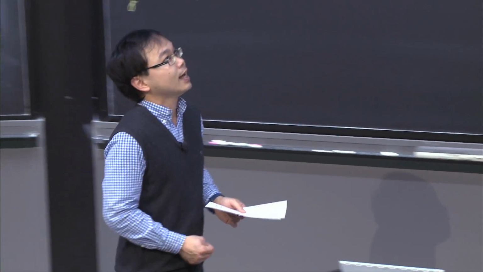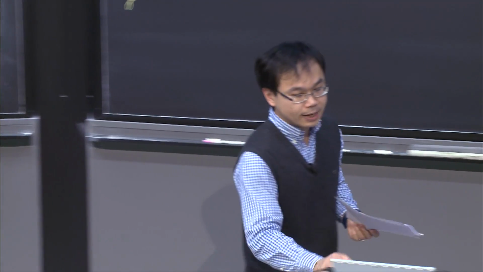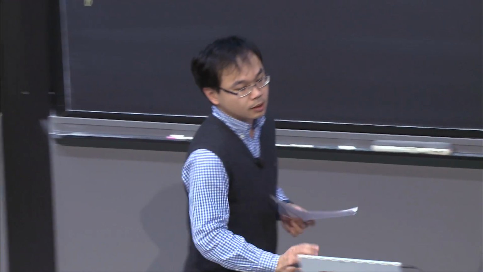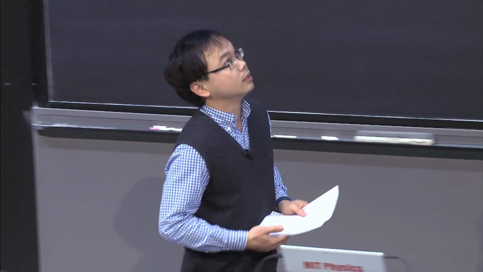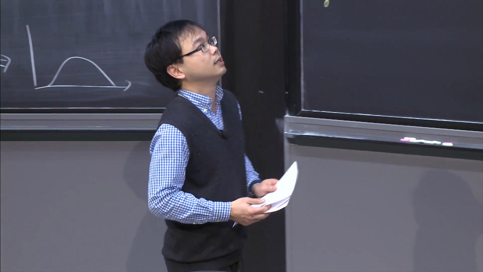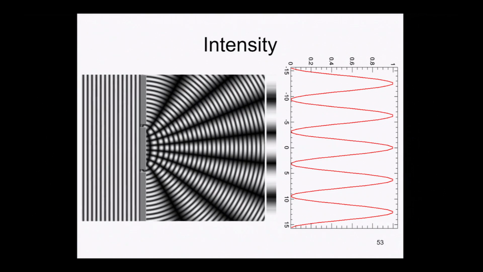So to detect an unknown object in the sky, what we really need is an electromagnetic wave pointing to a specific direction, and that can be achieved by using multi-slit interference.